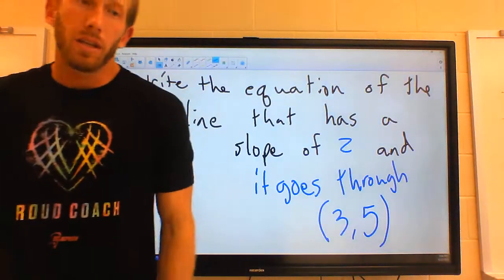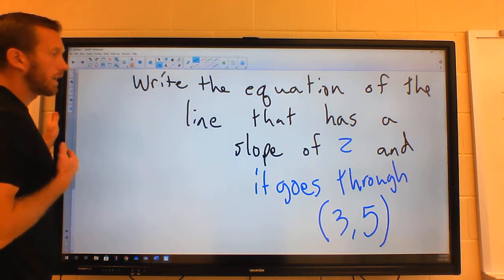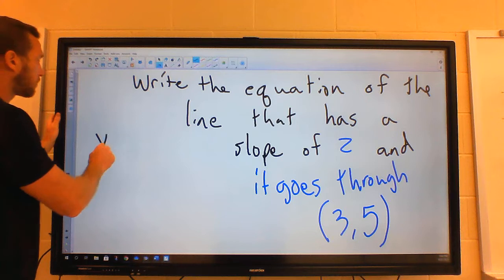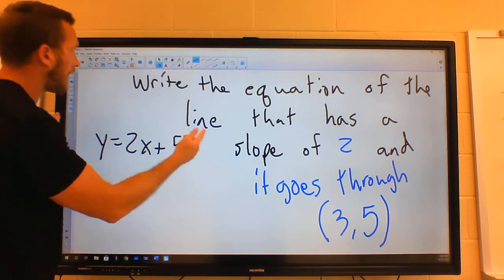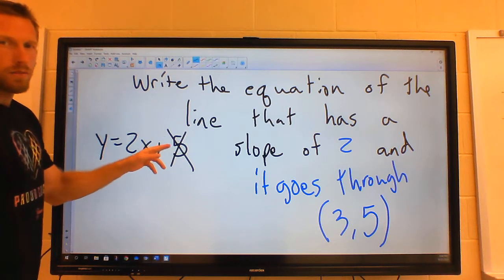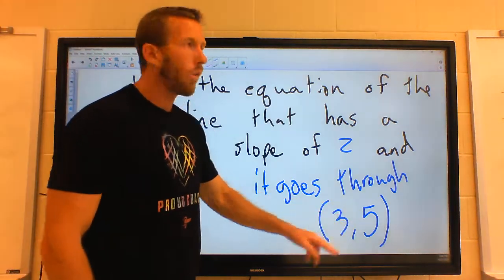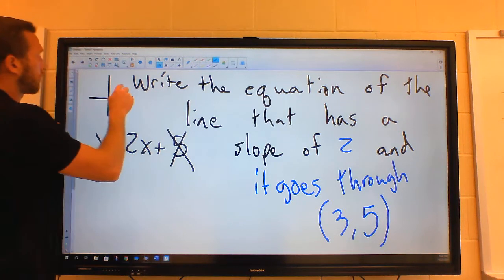Because I do not give you the y-intercept, you cannot just write your answer as 2x plus, oh, that's the y value, 5. No, that's wrong. This is not the y value of the y-intercept. This is the y value of some other point. If I were to graph this, here's 3, 5.